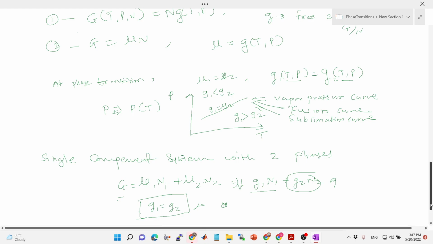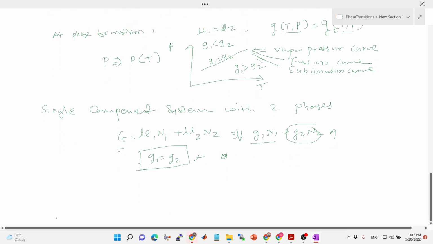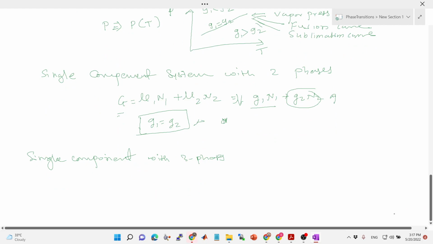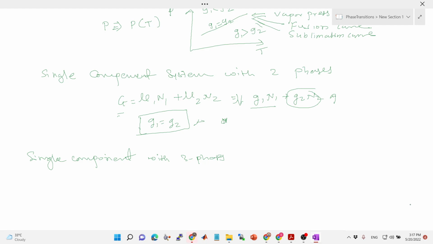Similarly, if you have a single component system but with three phases. Two phases means you can have solid and liquid, liquid and vapor, or solid and vapor. In three phases you can have solid, liquid, and vapor all together.